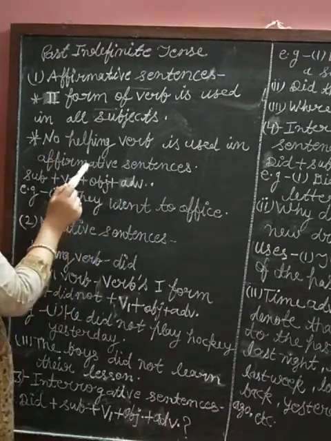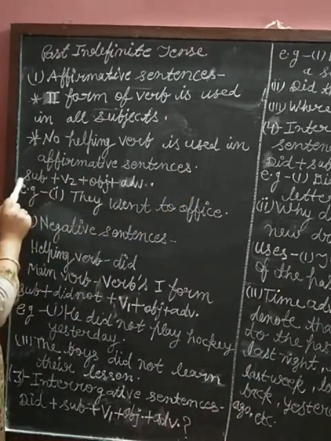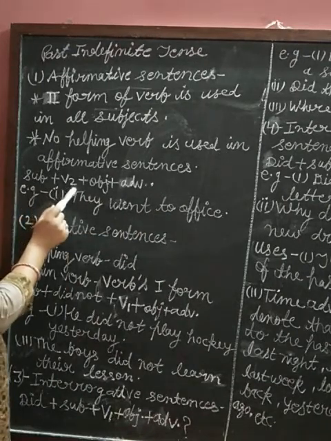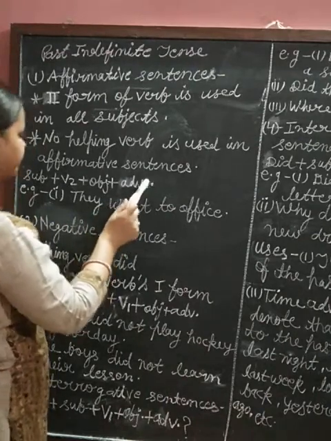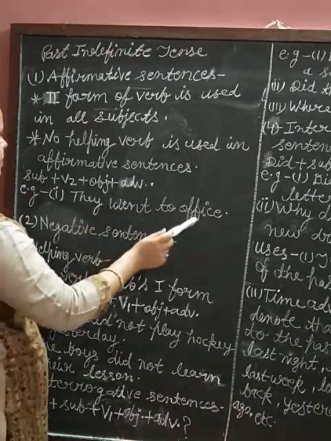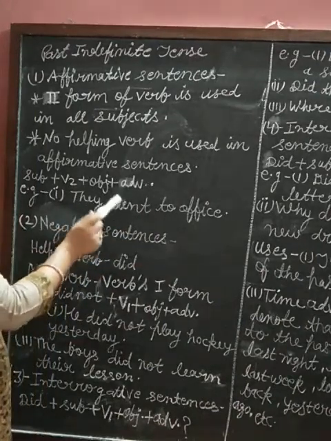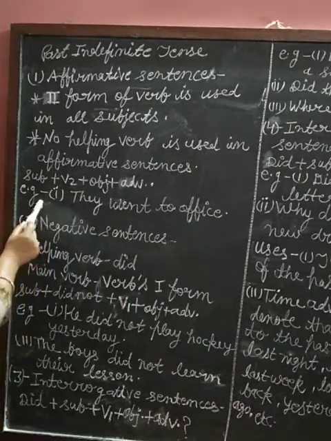The pattern is: subject plus verb second form plus object plus adverb or time adverbial, and last, full stop. Example: they went to office. They is a subject, went is a verb second form, office is an object.